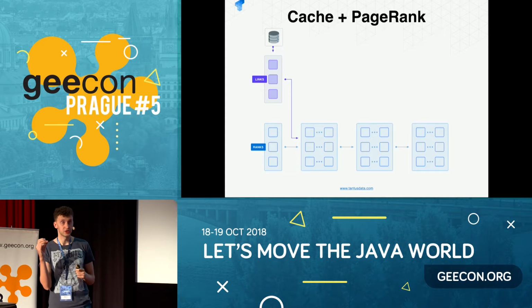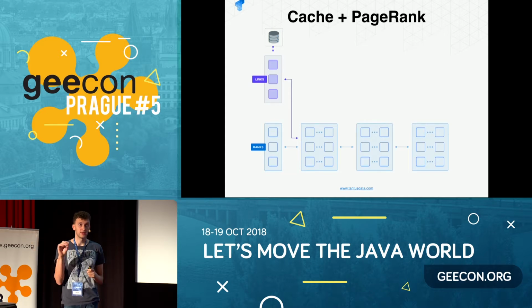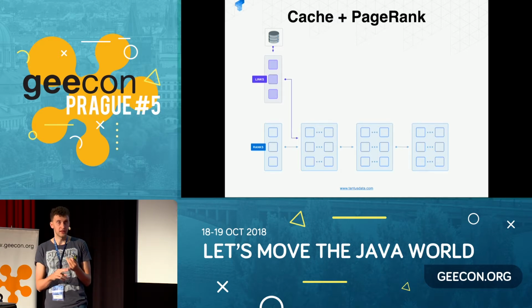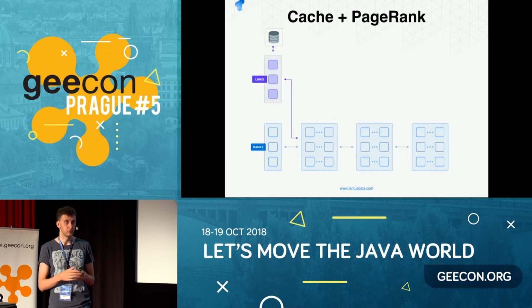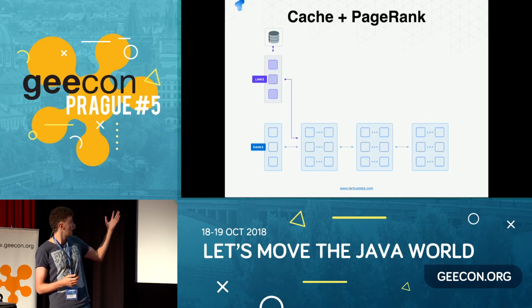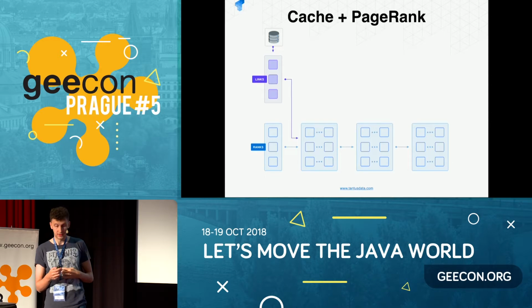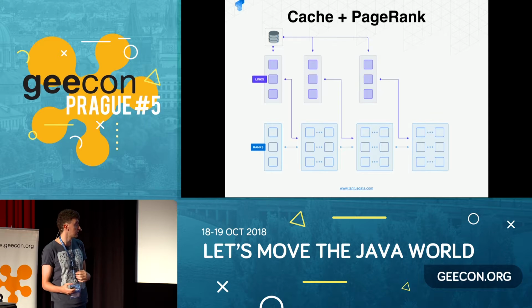So the algorithm which basically sets a value of a link in a website or social network links. And the bottom line of the algorithm is that we are joining links and rankings in order to calculate new rankings, and we iterate over and over again.